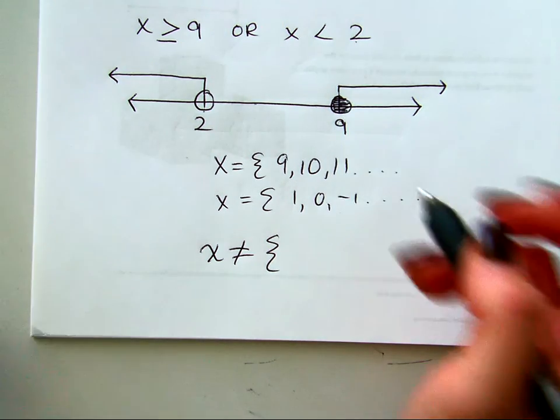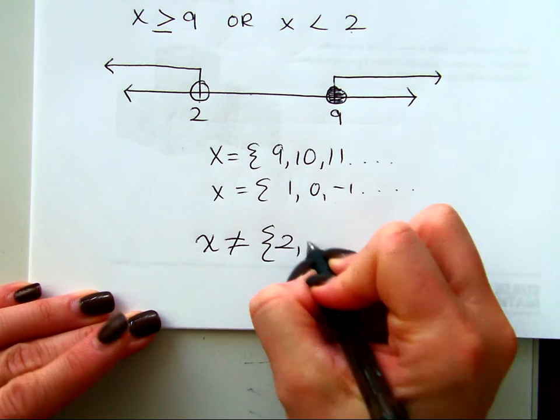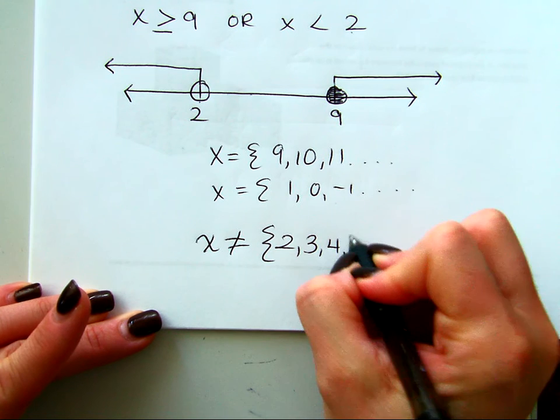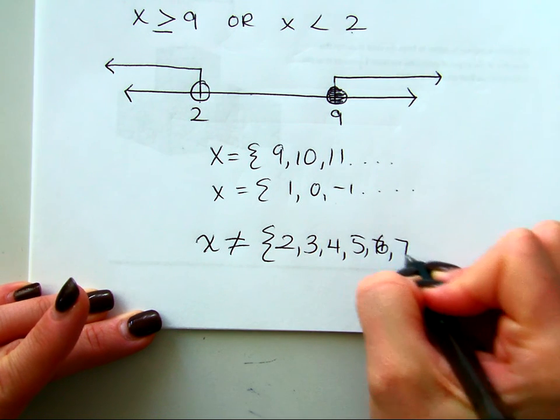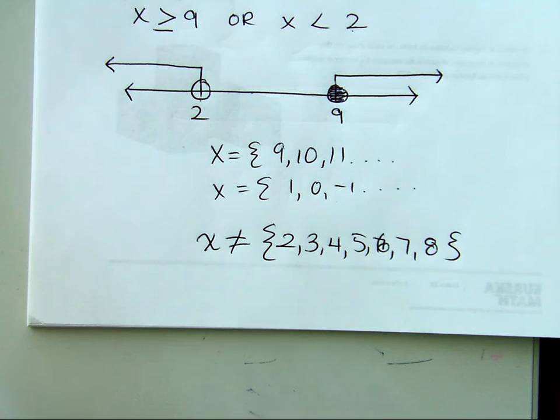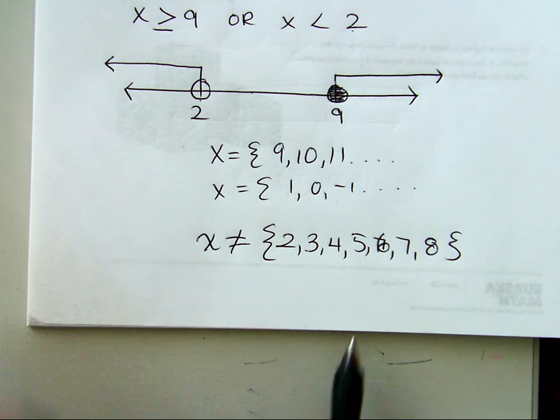So x cannot be 2, 3, 4, 5, 6, 7, or 8. And if it's any number but those numbers, you're good. Because it will fit and match one of them. Do you understand? Okay? So sometimes it's a little easier to just say all the numbers that x cannot be. And if it's not one of those, then you're good.